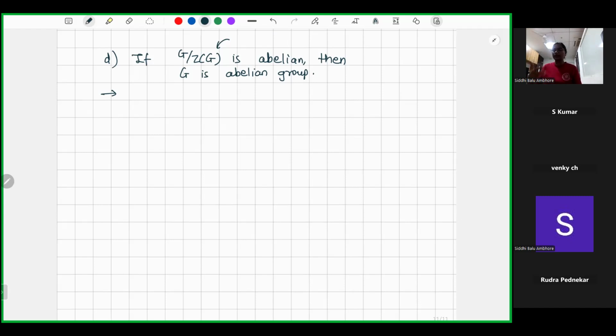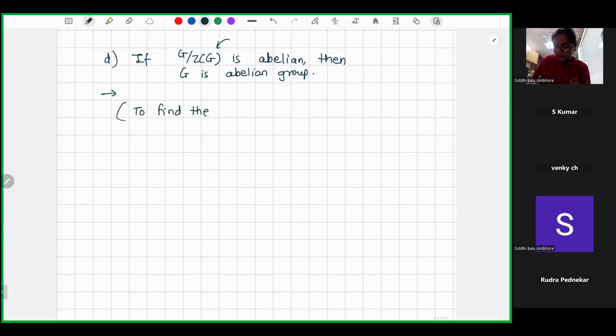Okay, so when we want to find a counterexample of this kind of statement, where you want G mod ZG to be abelian, but G need not be abelian, you need to look for groups where ZG is not trivial. Let me write that.